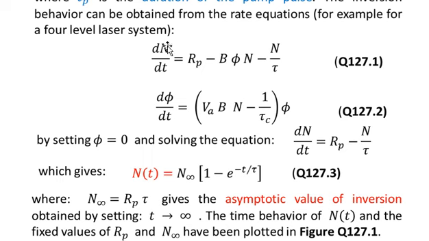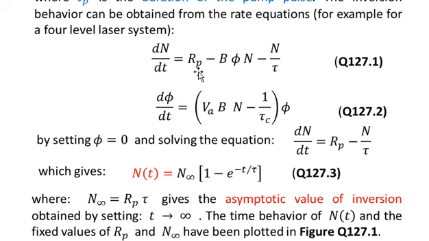N stands for the population inversion, that is the population difference between the upper laser level and the lower laser level. And you know that for a 4-level laser system, the lower laser level has a 0 population. So N is the population difference between the upper laser level and the lower laser level.